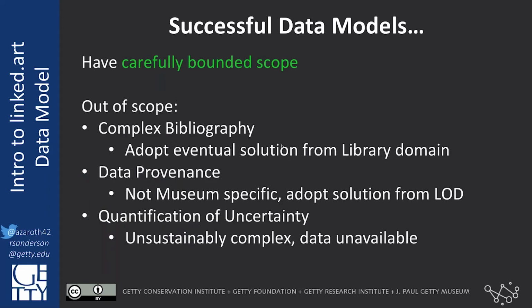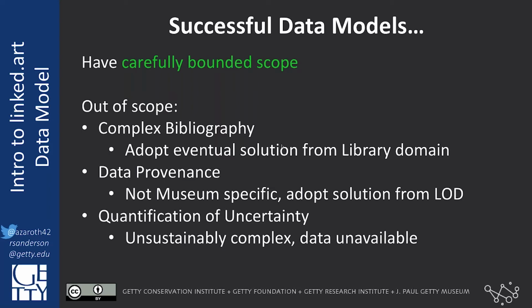And once you've got those three, of course, you can then provide interoperability with other data, such as the Getty vocabularies, but also information in Wikidata, DBpedia, or elsewhere in the linked open data cloud. So that's the features of a successful data model.